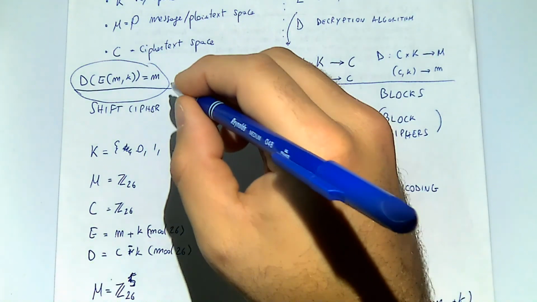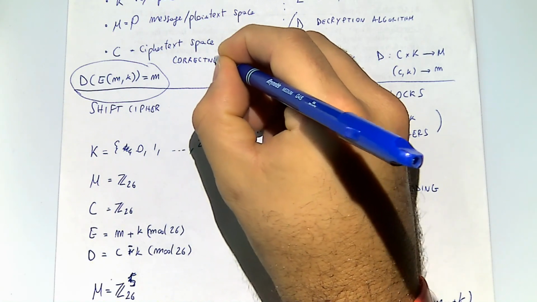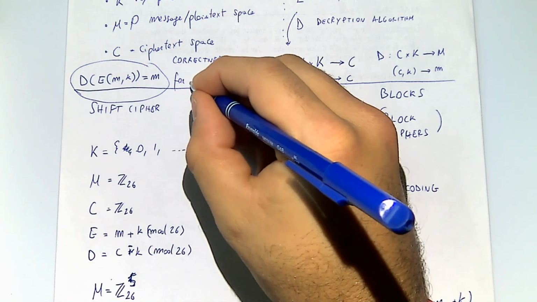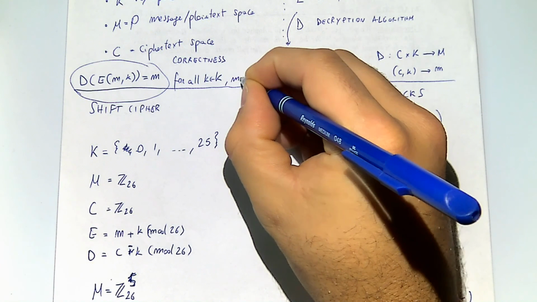This is the correctness requirement, and it holds for all keys and messages.